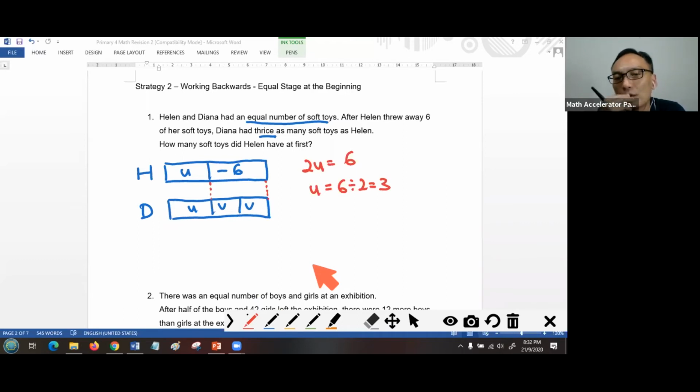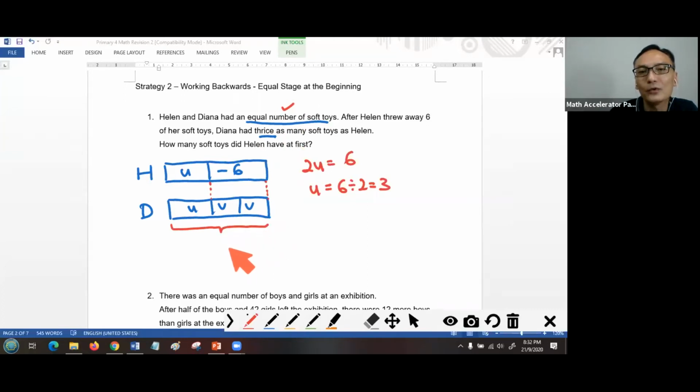So from here, can you answer the question? How many soft toys did Helen have at first? Both of them have the same number of soft toys at first, right? That's why they say they're an equal number of soft toys. So if you're able to find out how many Diana has, then we will be able to answer how many soft toys Helen had at first.